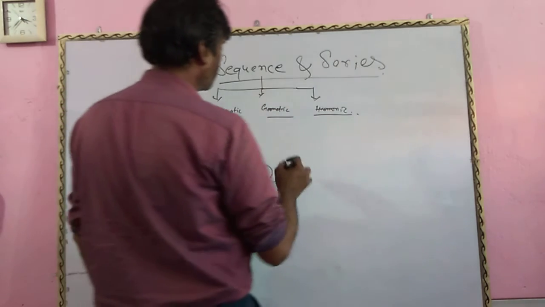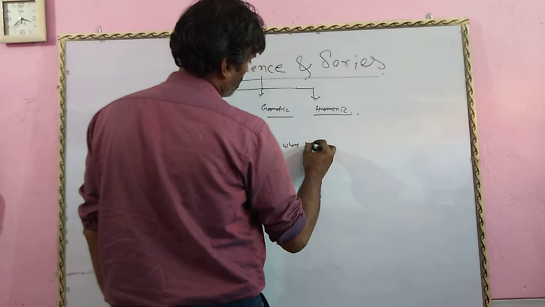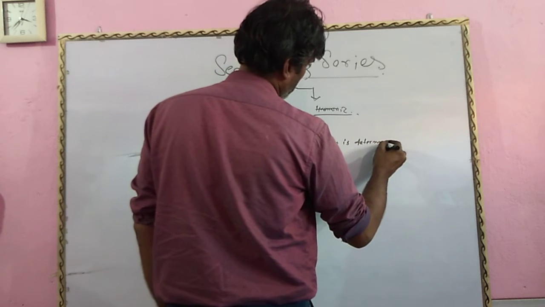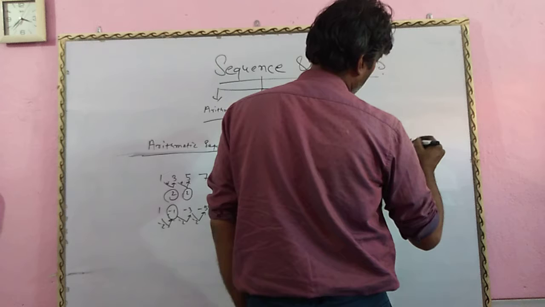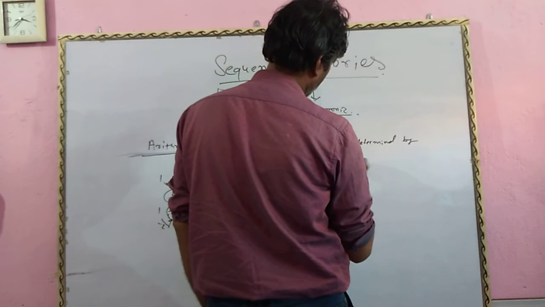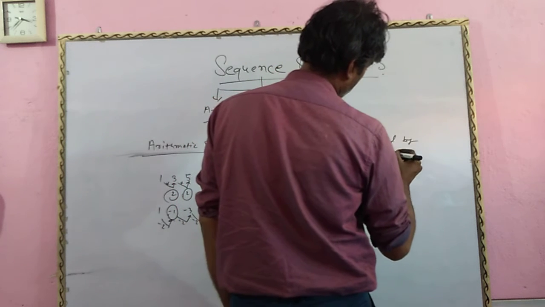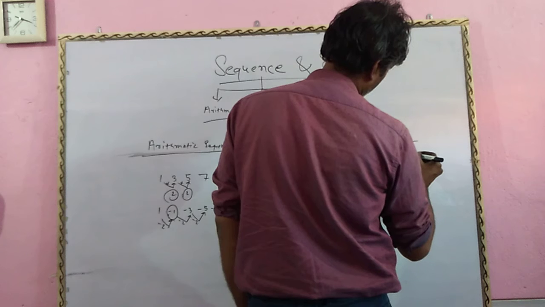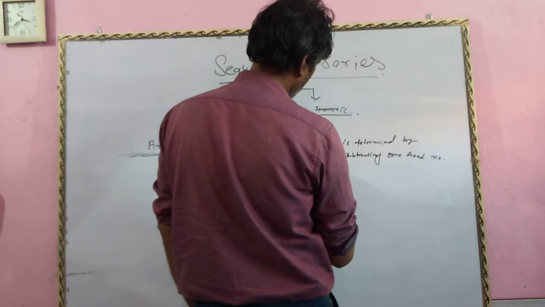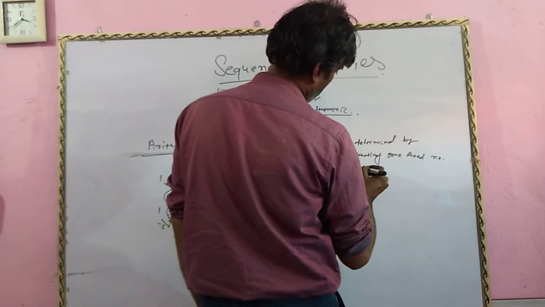Next, arithmetic sequence is where the next term is determined by adding or subtracting some fixed number to the previous term.